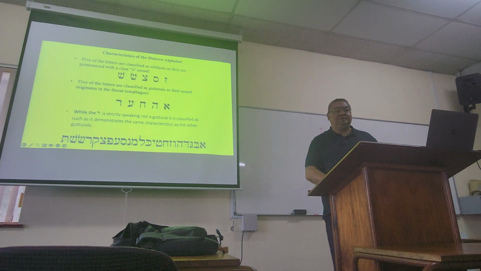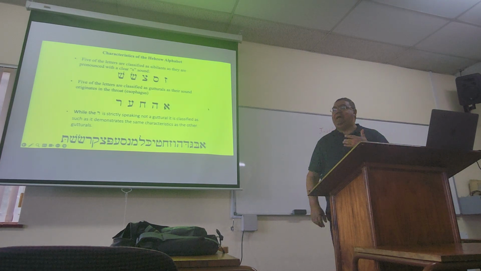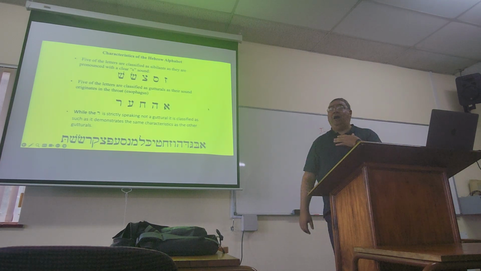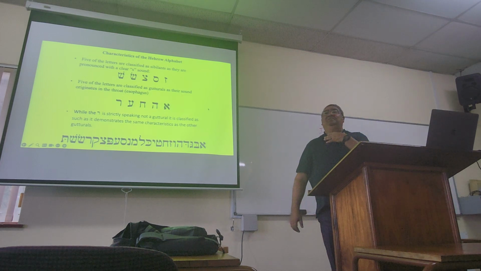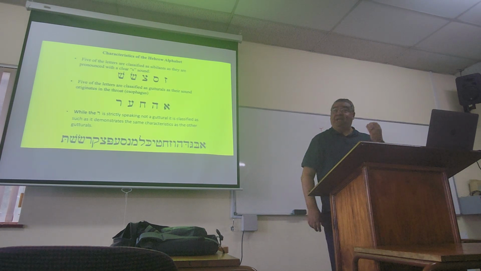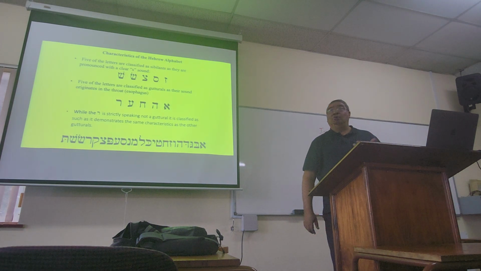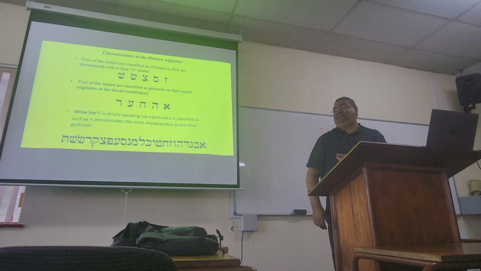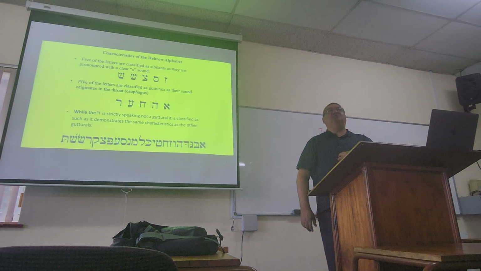Those 5 letters in Hebrew are classified as the gutturals. Why are they called gutturals? Because these are the letters in the Hebrew alphabet that take the greatest effort to pronounce, because the sound comes out of your gut, or more specifically out of your esophagus.